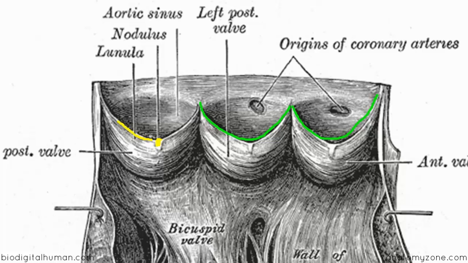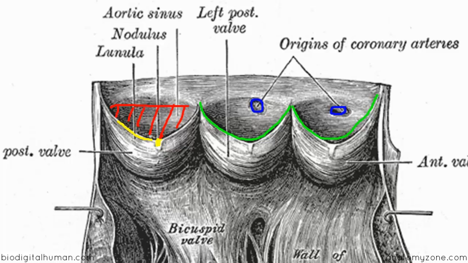And then you've got the aortic sinus, which is this area between the wall of the vessel and the cusp. So you've got this area called the aortic sinus. And in the right and the left cusps, you've got the openings, the origins of the right and the left coronary arteries opening into this sinus.